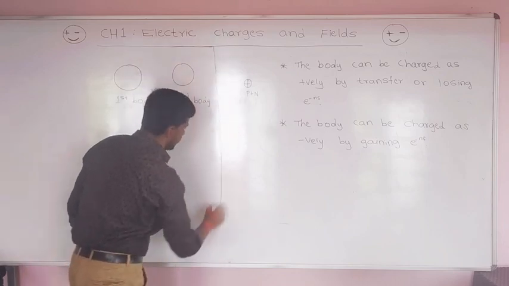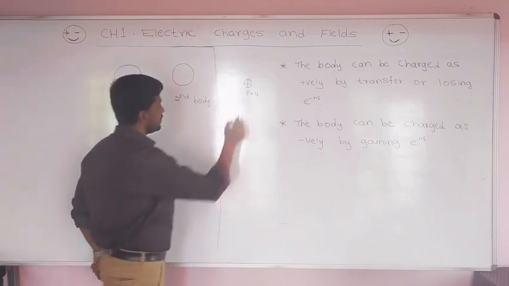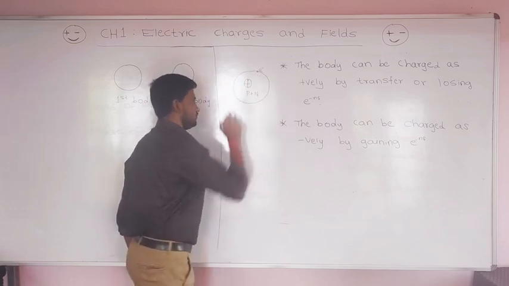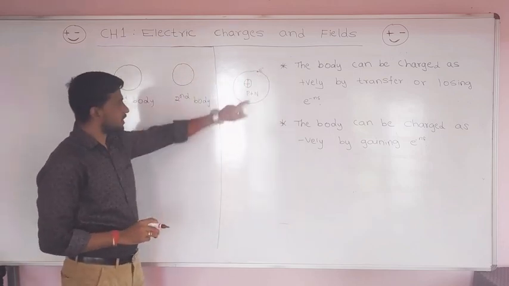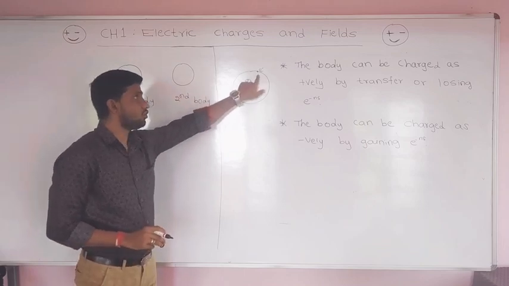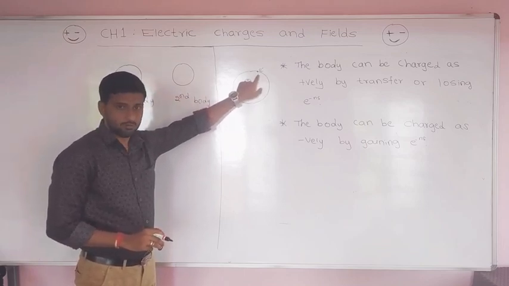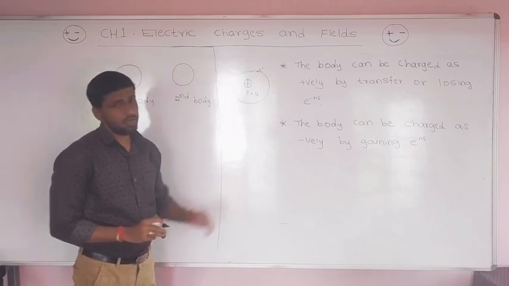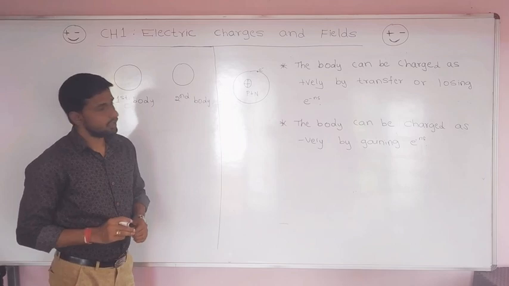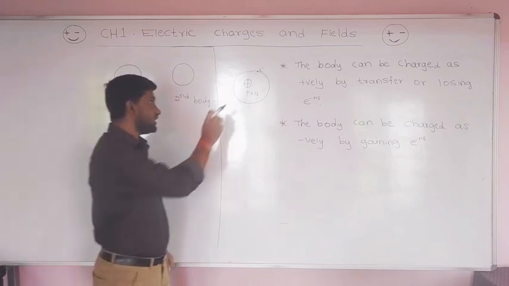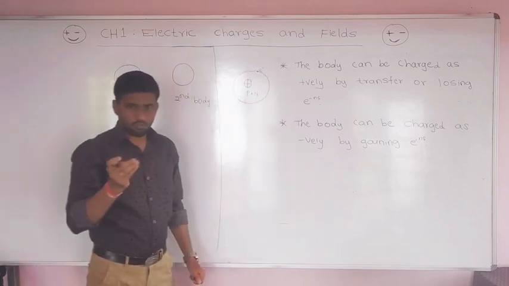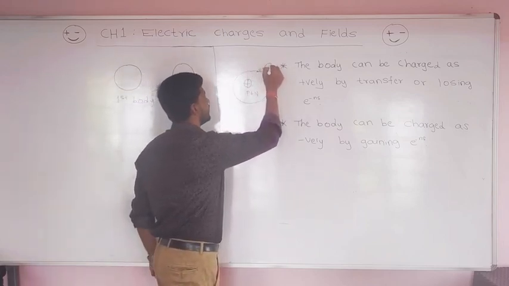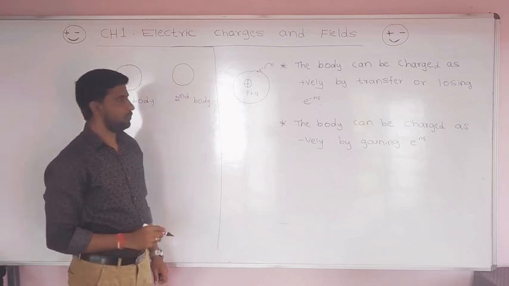Around this nucleus there are orbits, and in the orbits there are electrons. Suppose you consider this orbit as the outermost shell. In the case of solids, the outermost shell consists of lightly bound electrons. That means if this electron gets a small amount of energy, it is ready to transfer from one body to another body. So that is the meaning.